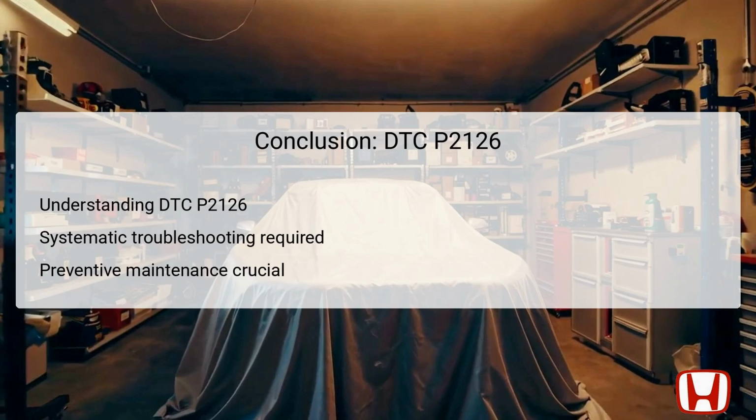In conclusion, understanding DTC P2126, which signifies that the APP sensor B is out of range, requires a thorough knowledge of the vehicle's electrical system. This troubleshooting process is designed to systematically identify potential issues, ranging from poor electrical connections to faulty components.